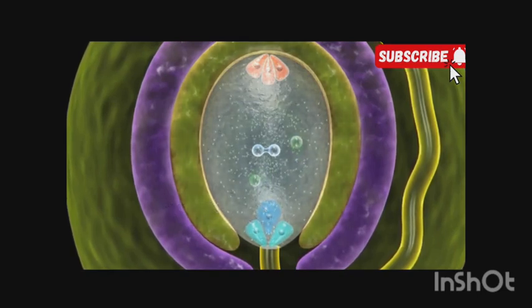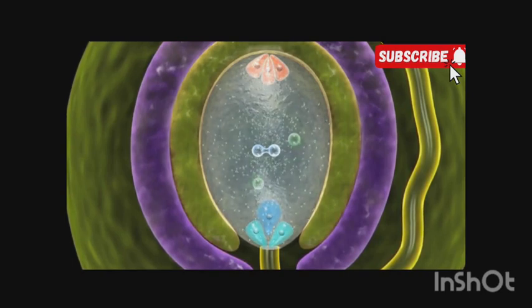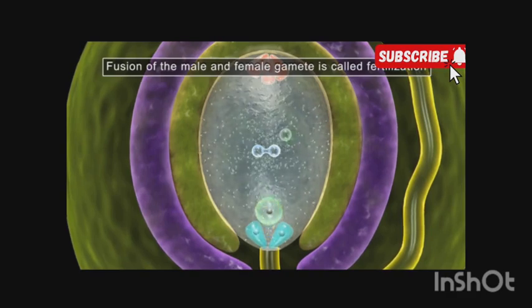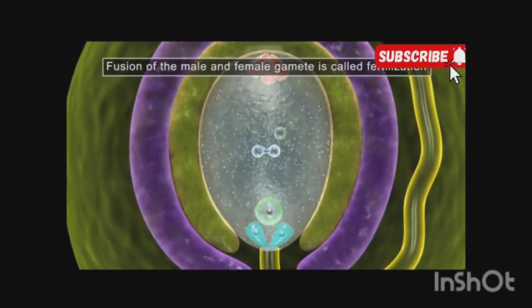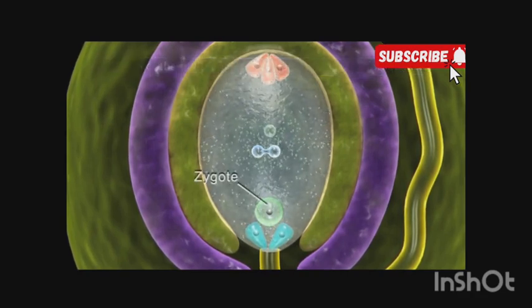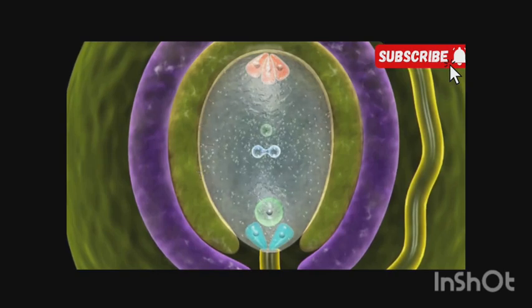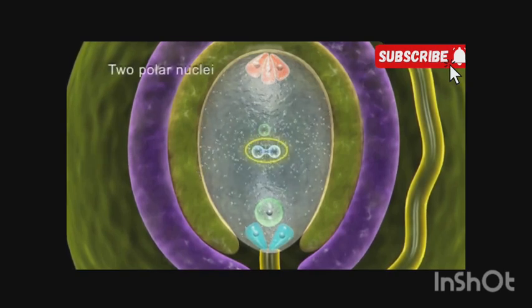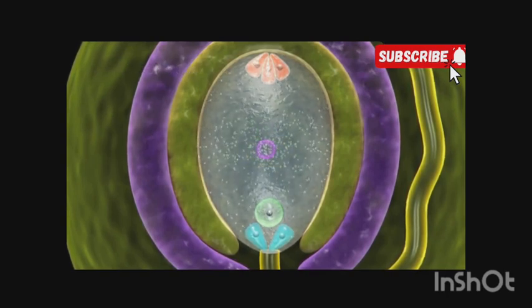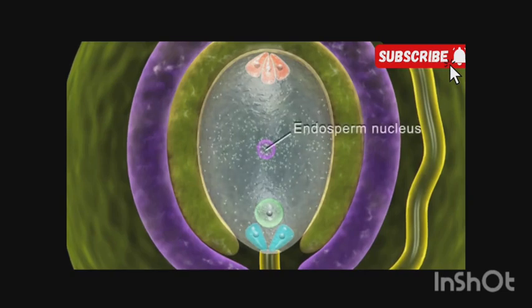One of the male gametes successfully unites with the egg, and this process of fusion of the male and female gametes is called fertilization. The product of fertilization is called the zygote. Within the embryo sac are two centrally located polar nuclei. The other male gamete fuses with these two polar nuclei to form the endosperm nucleus.